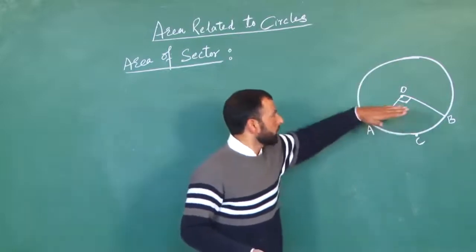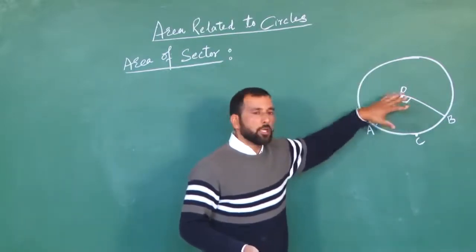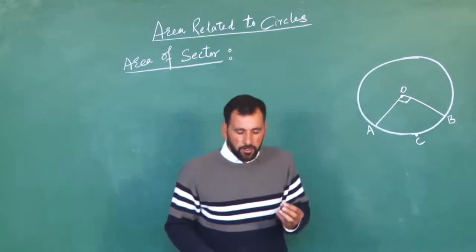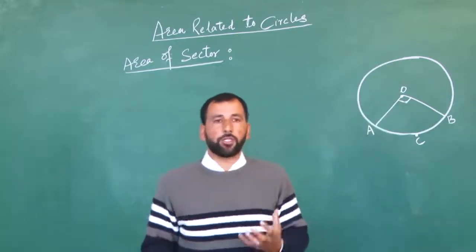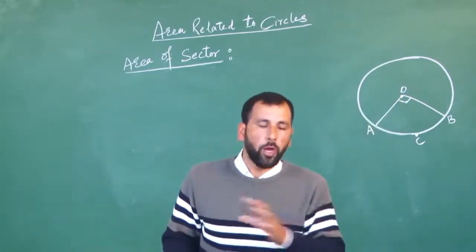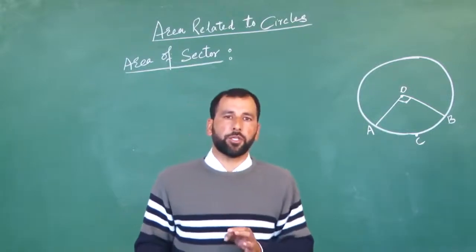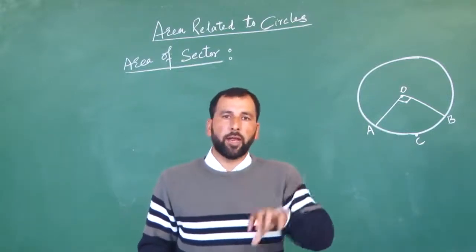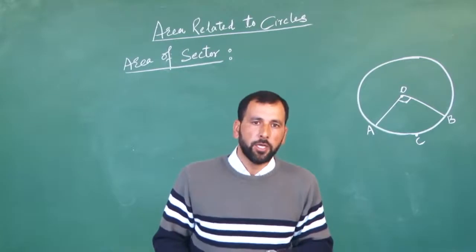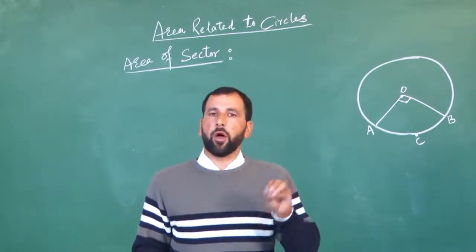Means when the angle at the center is 360 degrees, the area of the sector is equal to pi r square, because 360 degrees is the complete angle of a circle.